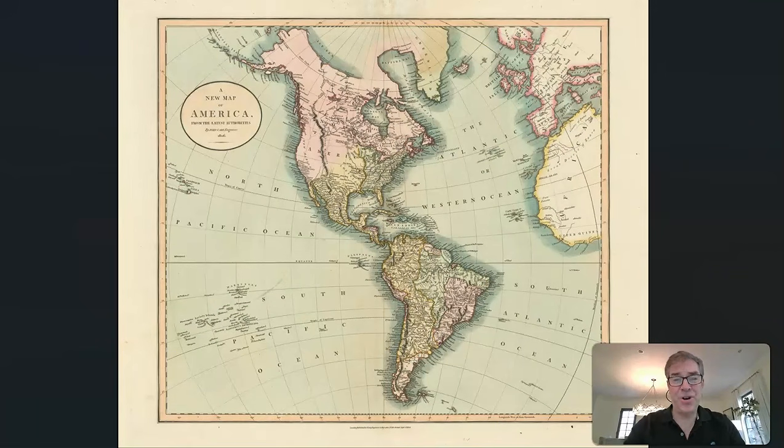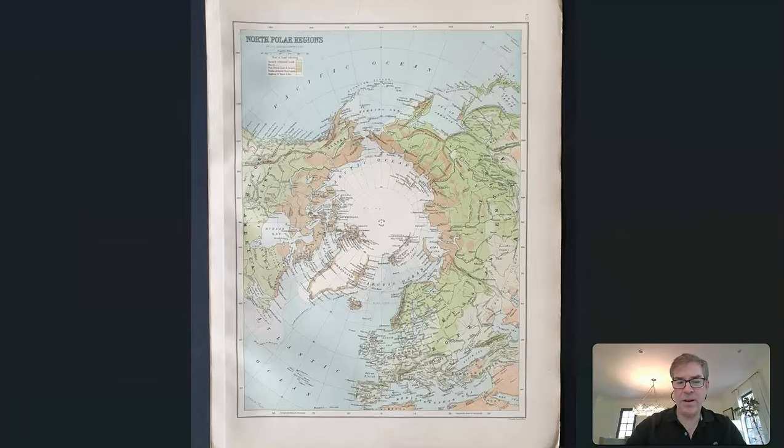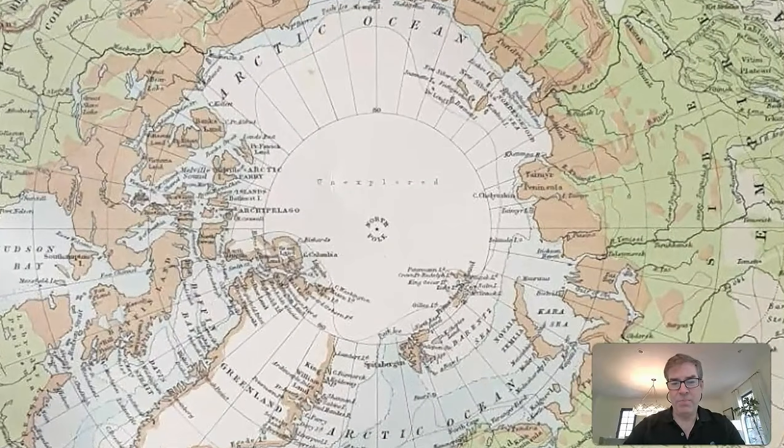And again, just to show another map showing Greenland connected to land, but then it has ocean too. So it's this very kind of arbitrary way of describing this. And again, a map well into the 1800s now, even into the 1900s, the 20th century, showing in the North Pole kind of this unknown.